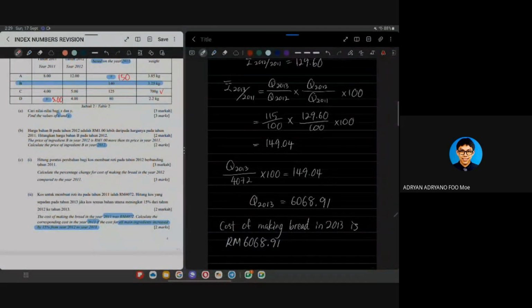Why is it? Because I believe that if you write your final answer like this, when the examiner looks at your answer sheet against the answer scheme, they see a final conclusion down there. Cost of making bread, oh, 6068.91. As a marker, you will feel happy that your student helped you find the final answer easier.